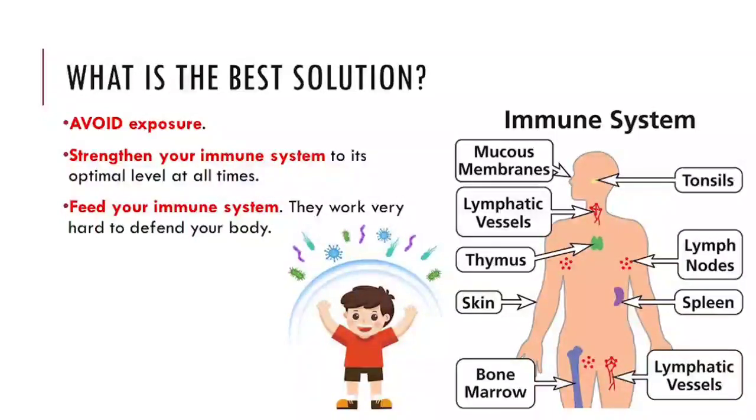You have mucous membranes at your nasal region, tonsils, adenoids, the lymphatic system, your thymus, lymph nodes, spleen, skin, and bone marrow. You have a team of good immune defense in your body, so you have to feed them with the right nutrients so that the immune system will defend for you.